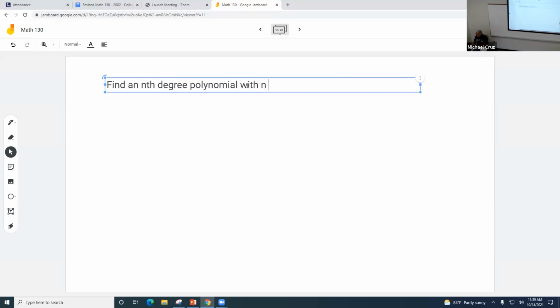Find a polynomial when n is equal to 3. I'm sorry, n equal to 3, and zeros, let's say. And then f of -1 is equal to 50.